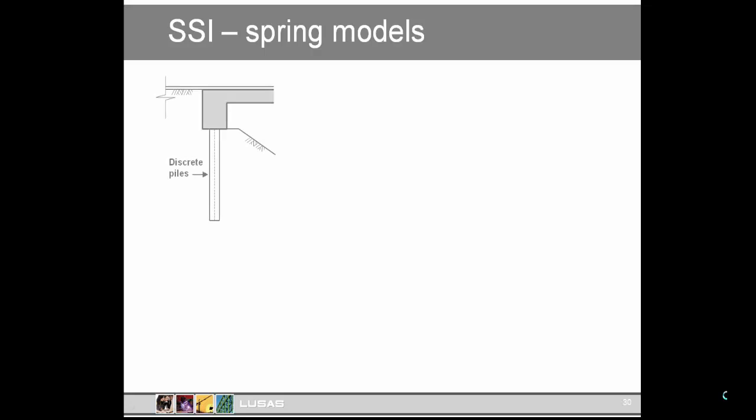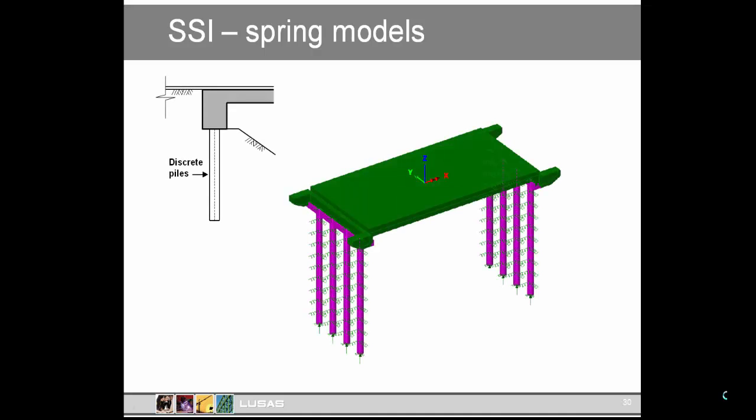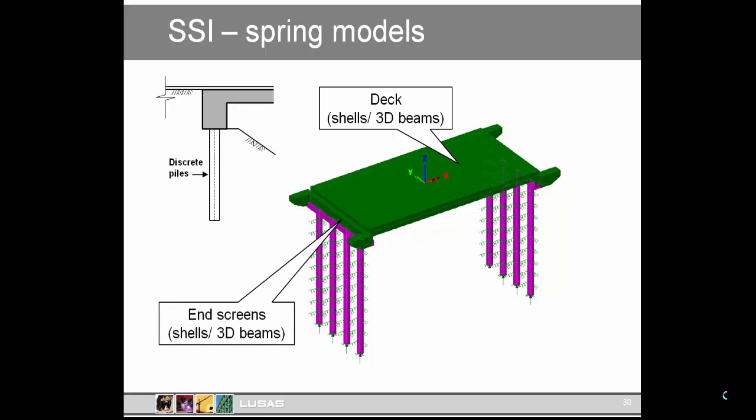So we can model our integral bridge with bank pad on piles, perhaps using a 3D model where the deck is represented with shell elements or a mixture of beam and shell elements, probably not a grid, not a grillage. The end screens or bank pads are similarly either shell elements or 3D beams or a mixture.